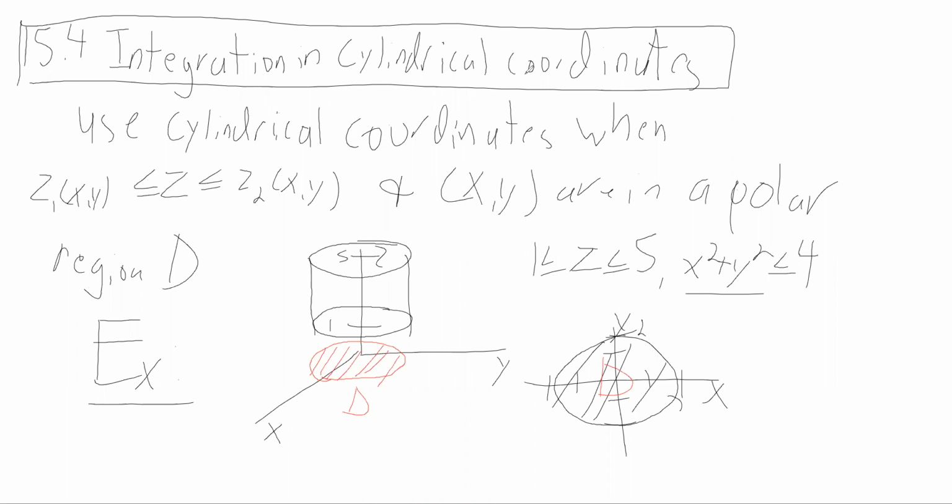R would go from what to what here? So remember, R is the distance from the center. So all the points in here, what's the closest we get to the origin on this region D?